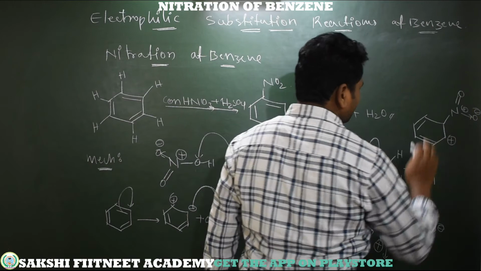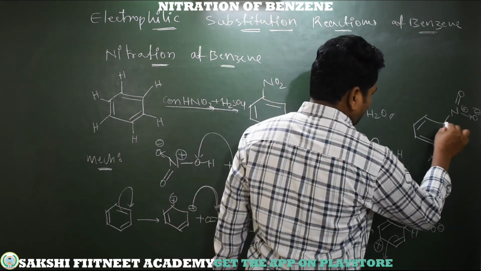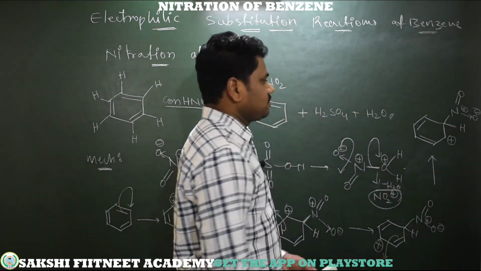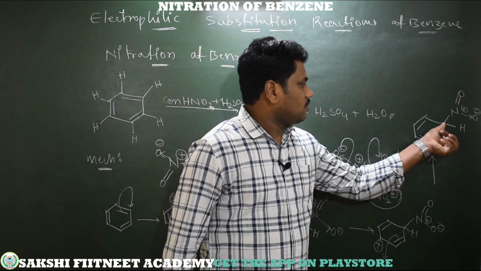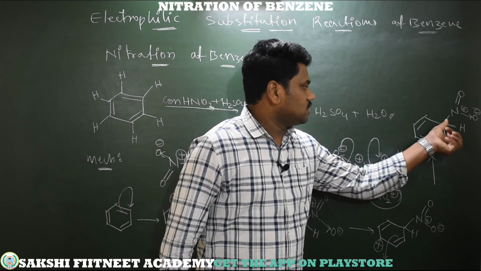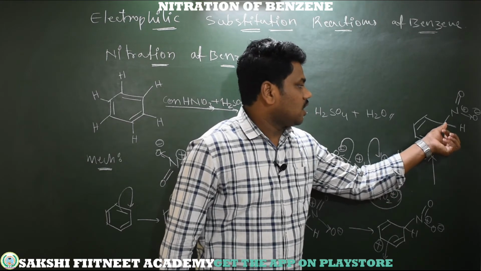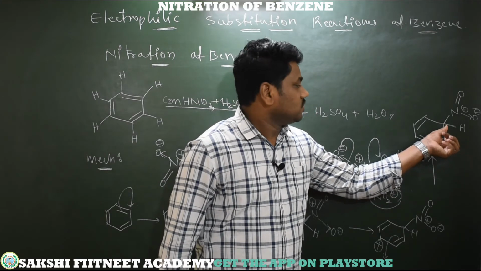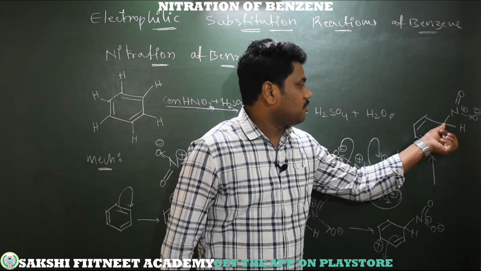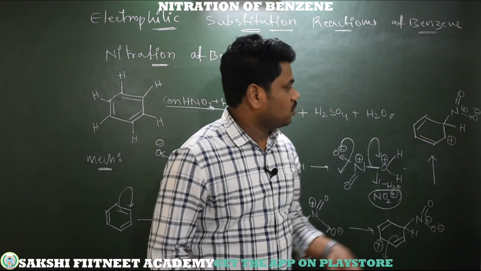It's a NO2 group. See here, now this hydrogen undergoes elimination. Carbon to hydrogen sigma bond. This is actually adjacent to the carbocation, also called alpha carbon. So here the hydrogen on alpha carbon undergoes hyperconjugation.